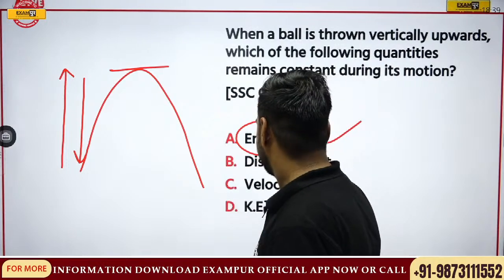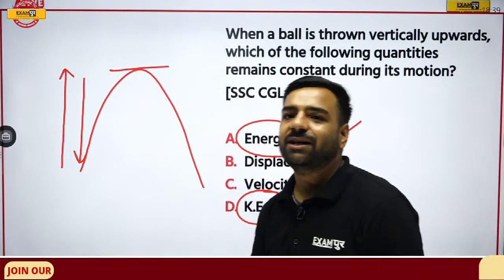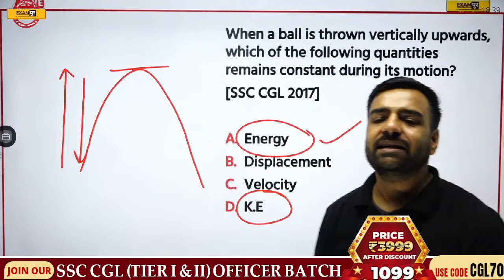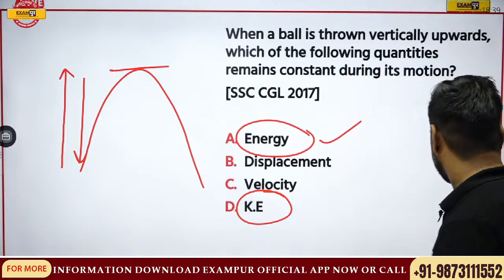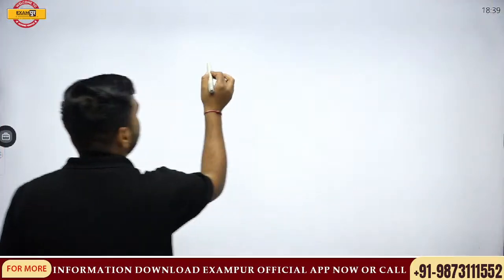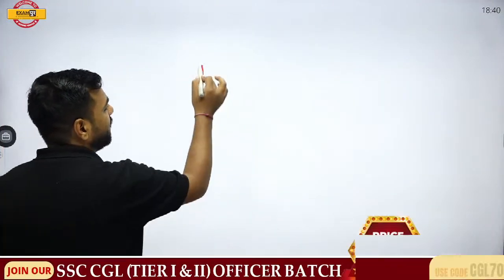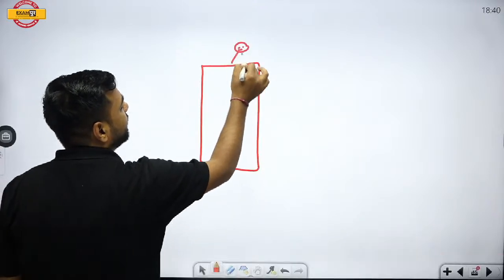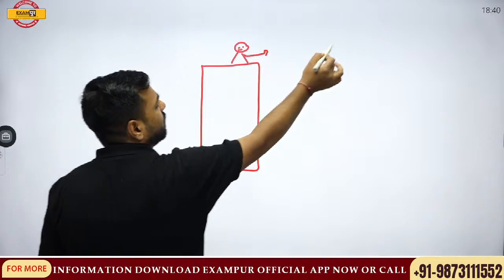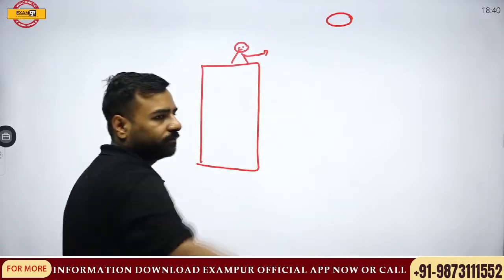So kinetic energy cannot be the answer. Kinetic energy cannot remain constant in this condition. Why? Let's have a look. Here is a building, and here's a boy standing, and he has thrown a ball. Now, what will happen?